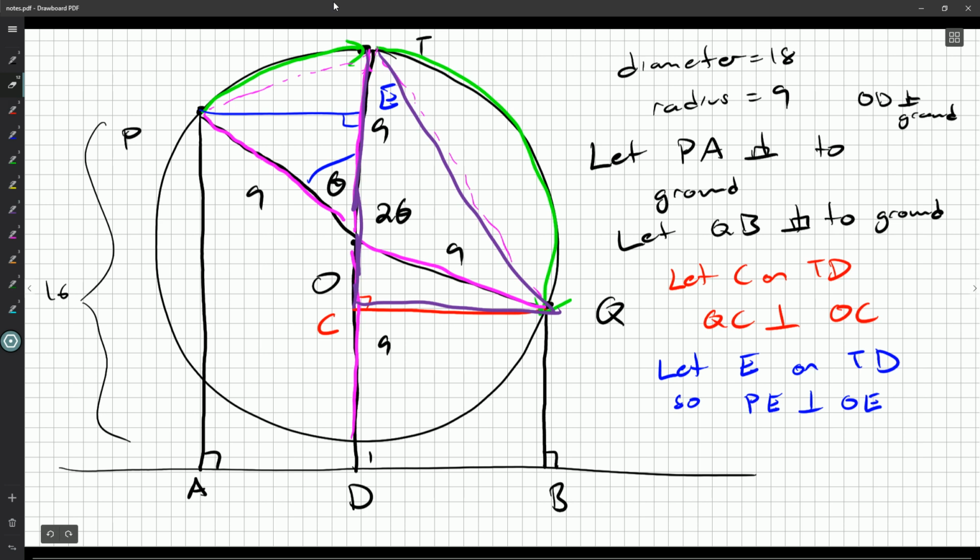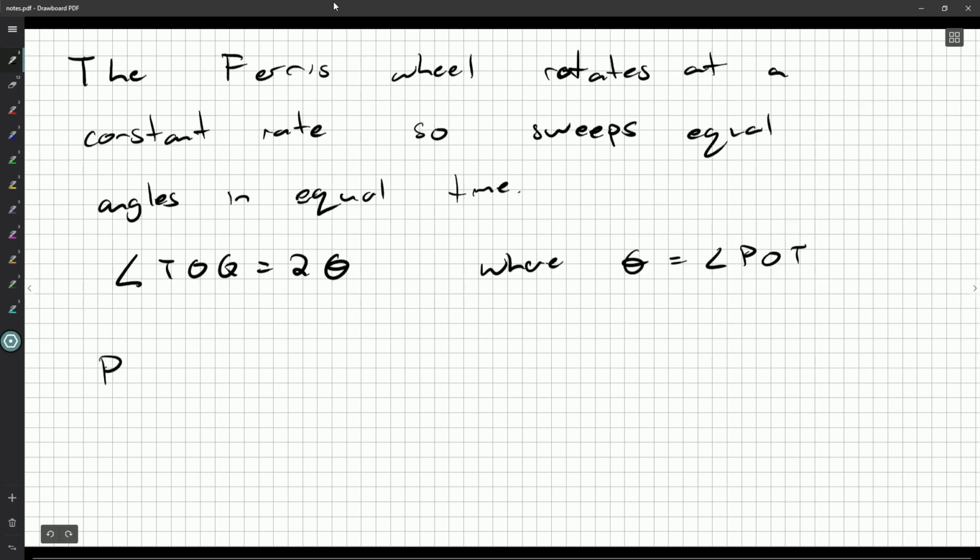So we know, what can we say? Height PA is the same as ED because PEDA is a rectangle. So PA is equal to ED, 16. Now I know that OD is 10. It's the 9 plus the 1, the Ferris wheel is above the ground.